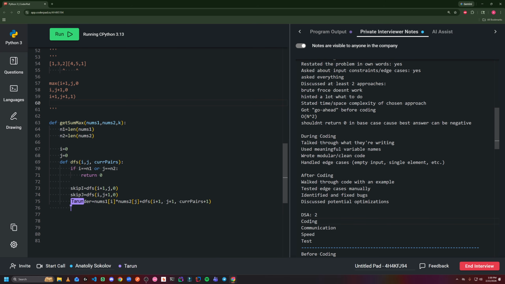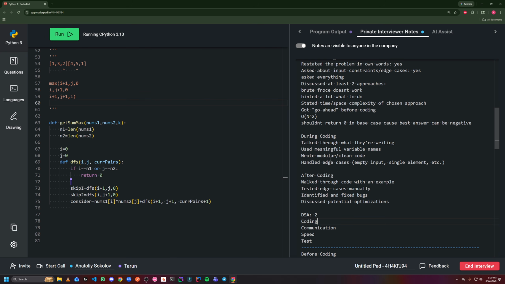So here we are getting one pair, which is the product. For the next pair we are doing i plus 1, j plus 1, and current pairs.